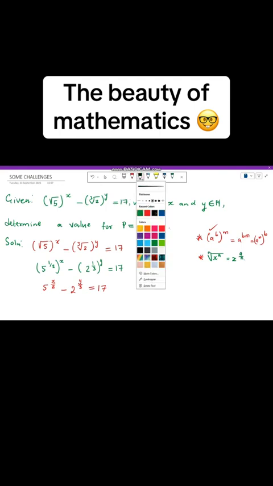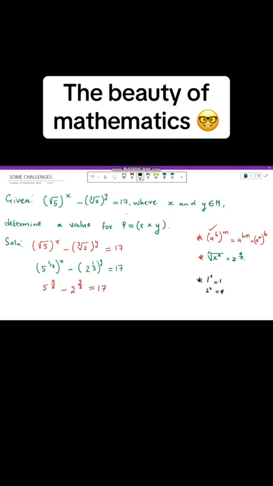Okay, so now before we proceed, we'll have to use a small trick there to say we know that 1 squared is 1. We also know that 2 squared is 4. We also know that 3 squared is 9. We also know that 4 squared is 16, and we also know that 5 squared is 25.